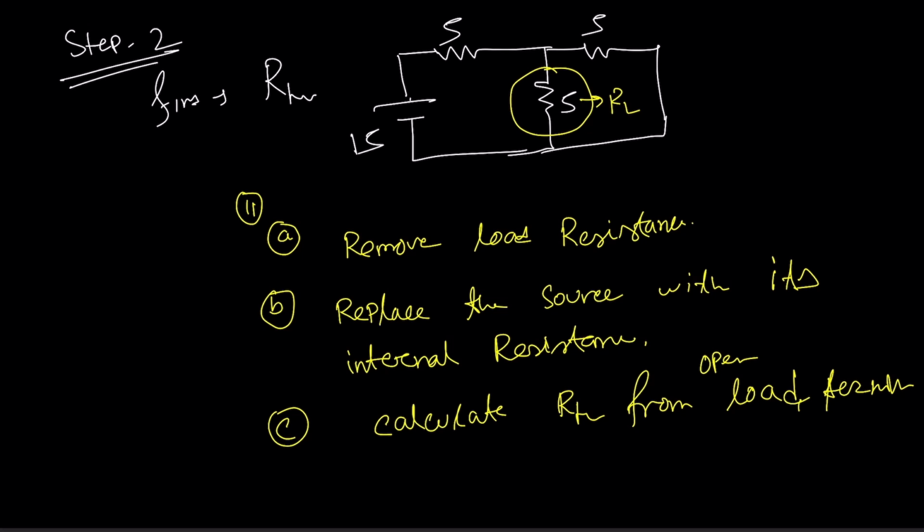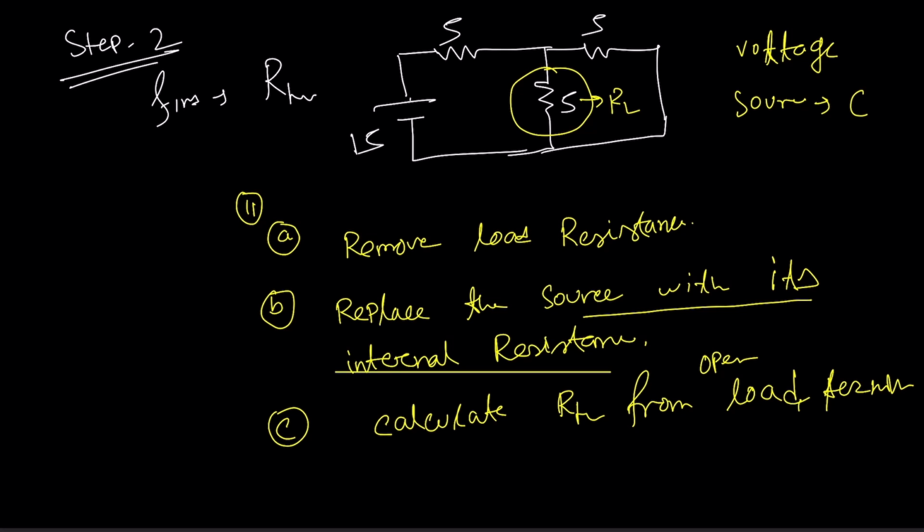Okay. Here I didn't say to replace the voltage source by a short circuit. Why? If there is a current source, what will you do? So you need to know the general concept. The general theory is to replace the source with its internal resistance. Okay. Here I write down for a voltage source, the internal resistance is 0 ohm. For a current source, it will be infinite.